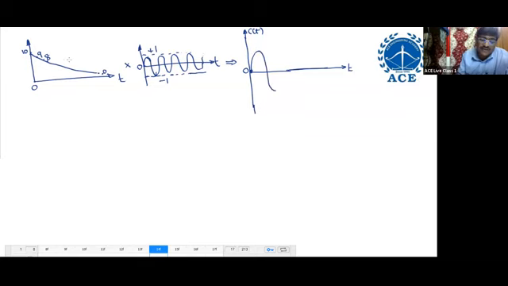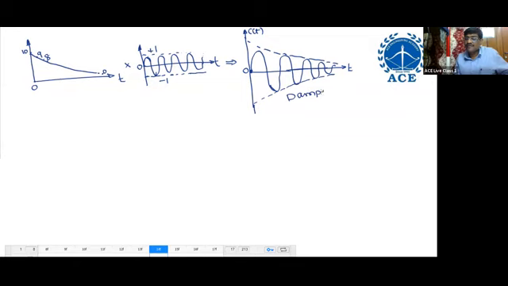Next plus 7, then minus 6, plus 5, minus 4, plus 3, minus 2, like this. That means the amplitudes go on decreasing, and these oscillations are called damped oscillations, omega d. The system is stable.